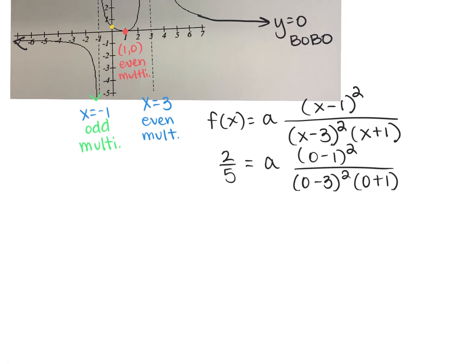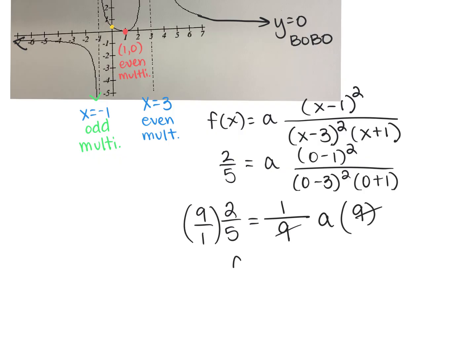So as I finish this up, I have 2/5 is equal to, in the numerator, negative 1 squared, which is a 1. In the bottom I have a negative 3 squared, which is 9, times 1, which is 9. And this is an a, so I'm going to multiply both sides by 9.